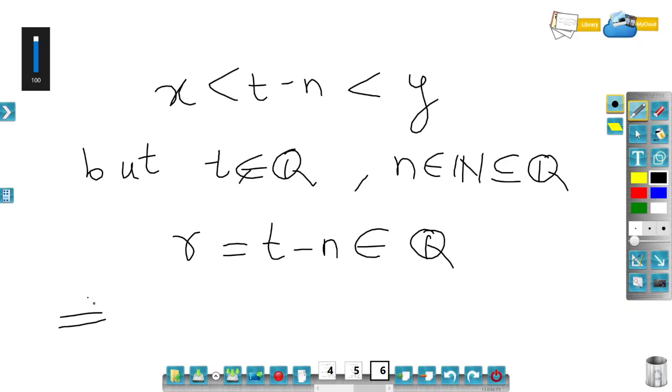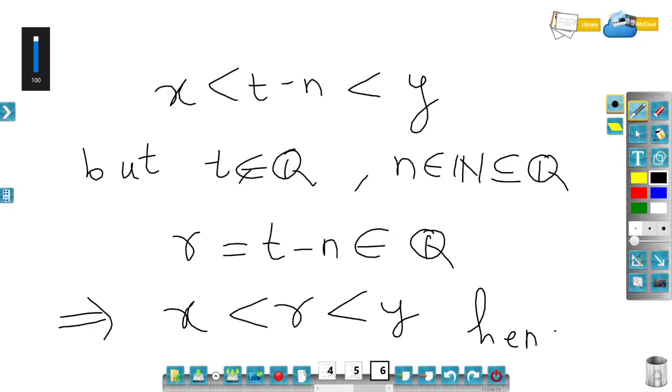So this would imply x less than r less than y. Hence proved. So irrespective of whether x is positive or negative, we have proved that between any two real numbers there is a rational number. So the existence of a rational number is very important.